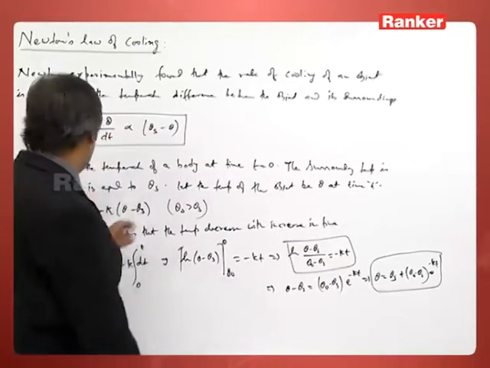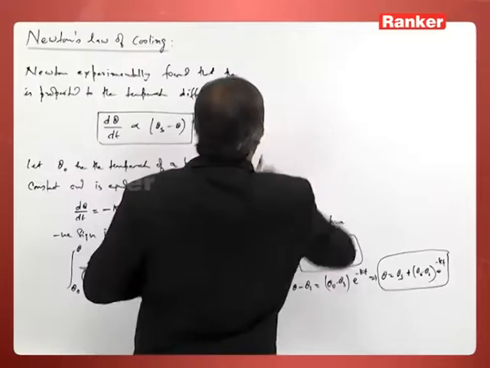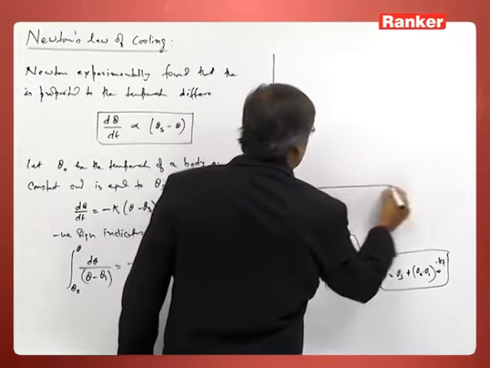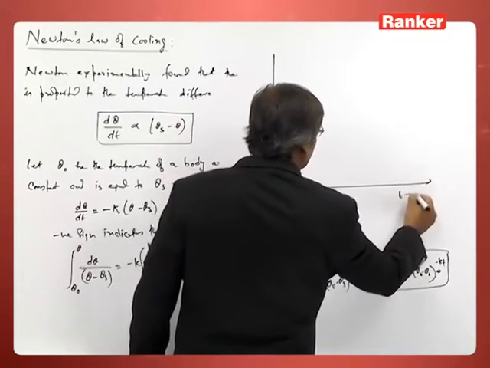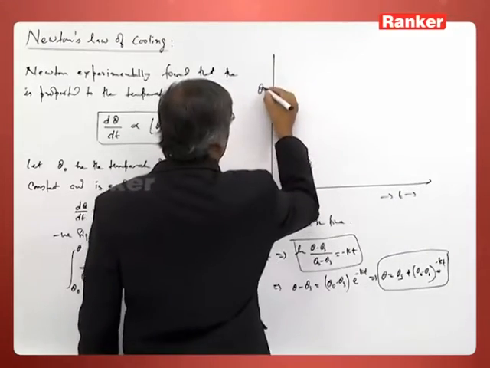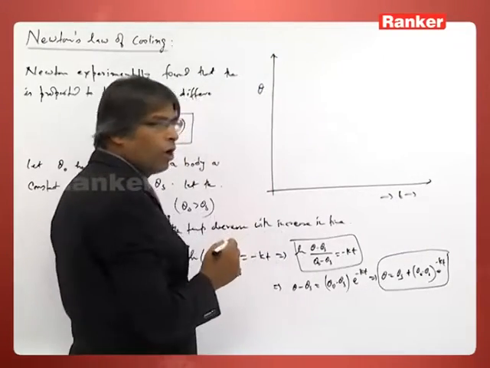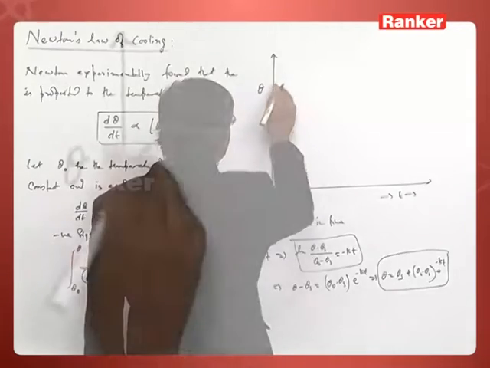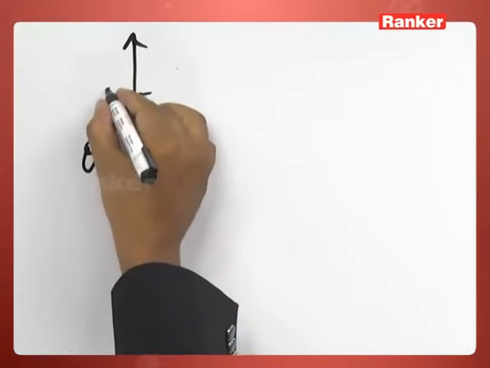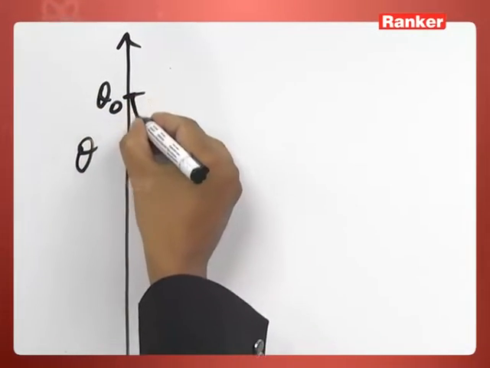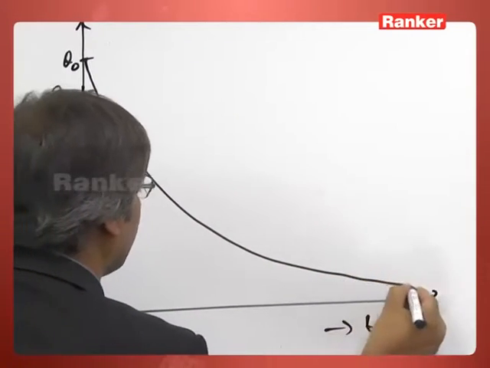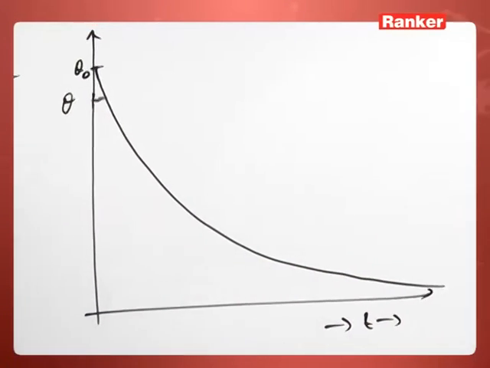If I plot the curve of temperature variation, that is how the temperature theta of a hot body placed in a uniform surrounding varies. Initially the temperature is theta naught, then it decreases, and after a long time it decreases to the surrounding temperature.